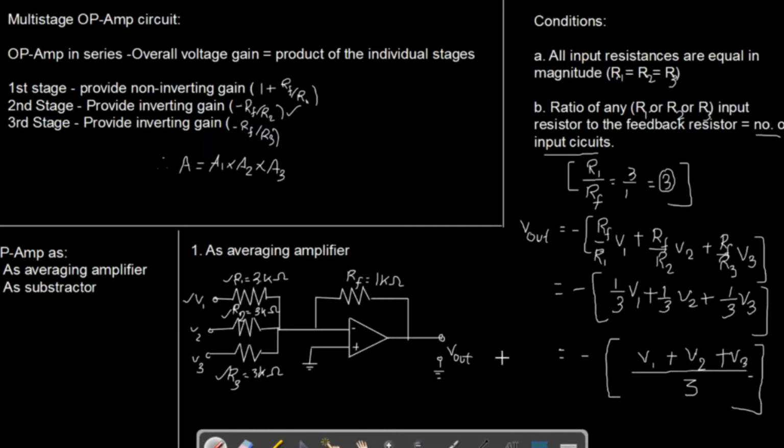Whatever the output voltage is, it is nothing but V1 plus V2 plus V3 divided by 3, and that is why it is called the averaging amplifier. You have 3 different voltages, and the output is the average of all 3. If a circuit is connected in such a pattern, you get the average of all the 3 voltage sources, and that is what is called an averaging amplifier.